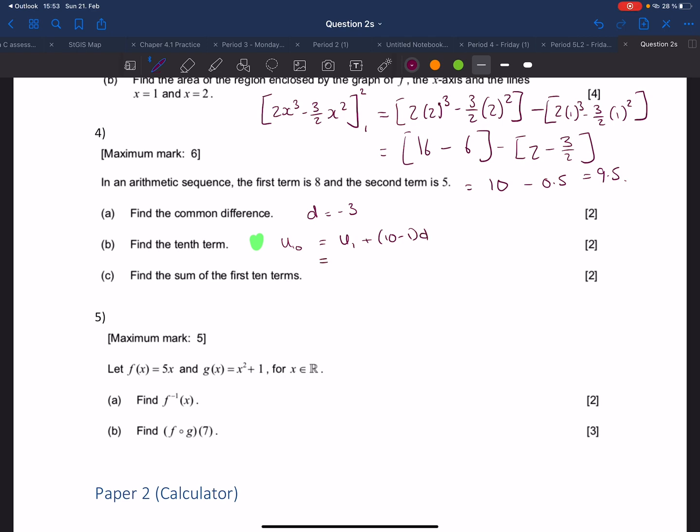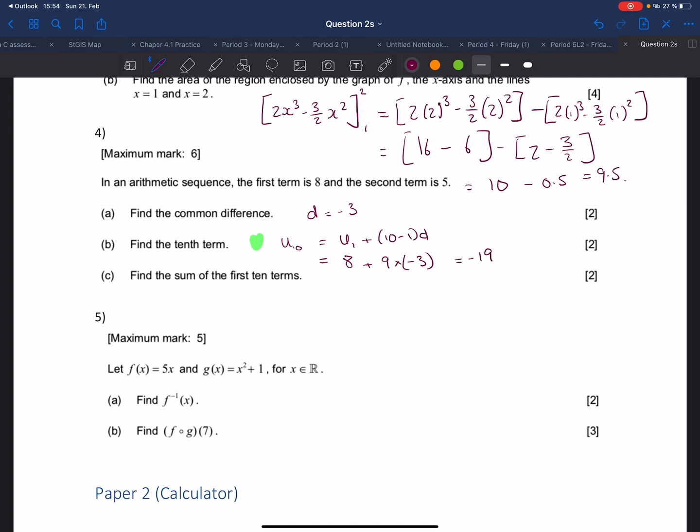So for us, our U1 was 8 plus 9 times minus 3. 9 times minus 3 is minus 27. 8 minus 27 is... 8 minus 7 is 1. 1 minus 20 is minus 19. There we go.